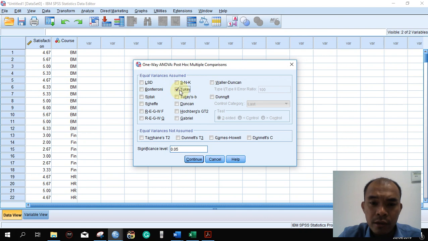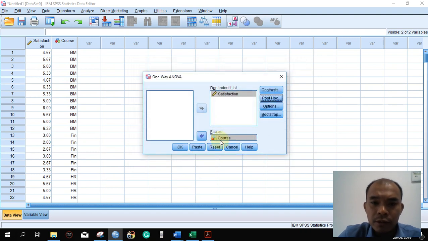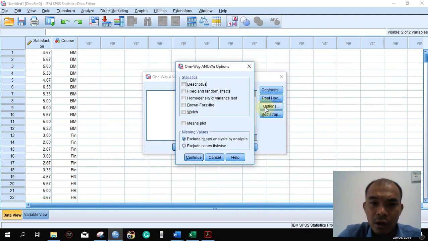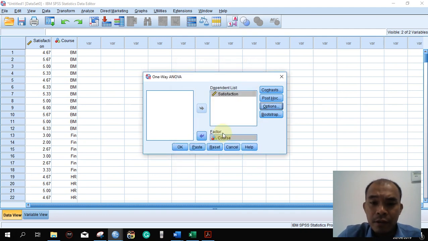So we will click this one. We can also click the other one, but in this case, we will only use the Tukey. And then continue, and then set the options. You can have the means plot if you want. You can have the descriptive. Homogeneity of variance, no need to click this one because we already performed the homogeneity of variance. And then just press OK.